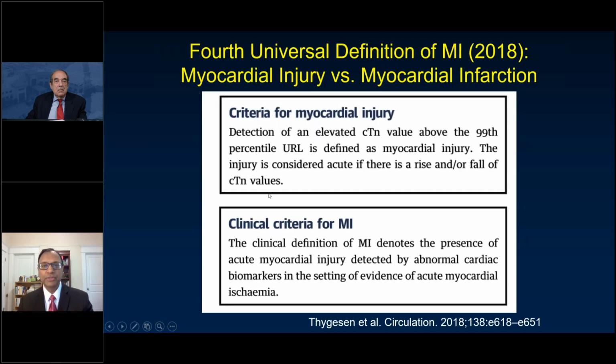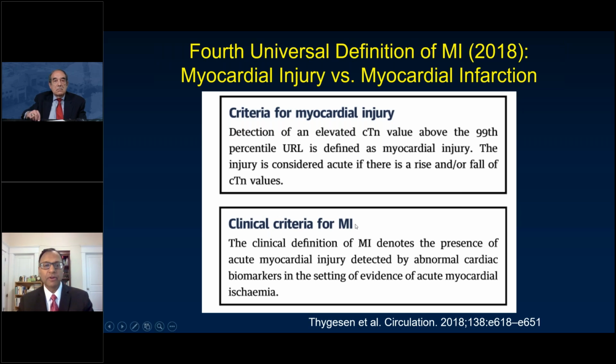So according to the fourth universal definition of MI, myocardial injury is a very broad umbrella where a patient has a troponin value above the 99th percentile. And injury is considered acute if there's a rise and or fall of troponin values, as opposed to chronic, where it's indolent, where there's no real rise or fall, it's just chronically elevated.